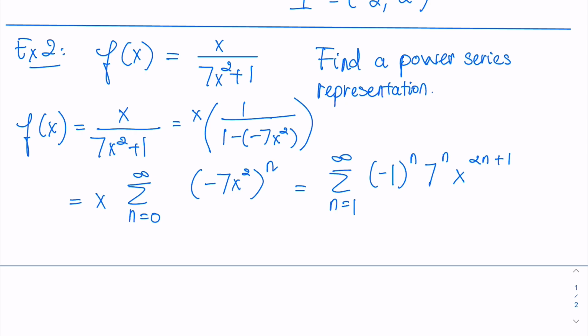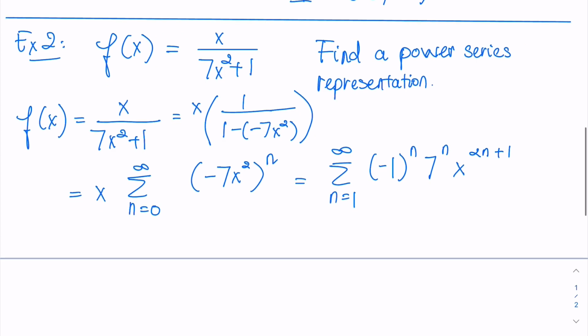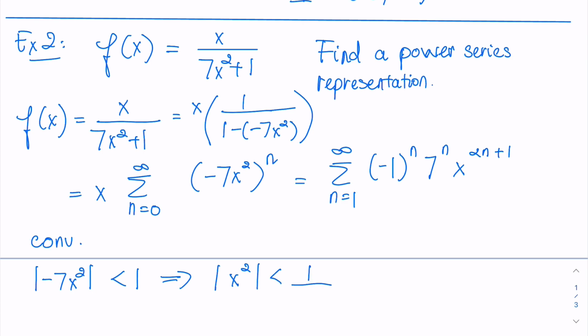All right, let's take care of the interval. The series converges when negative 7x squared, the absolute value, is less than 1. If I solve it, I should get x squared, absolute value, less than 1 over 7.